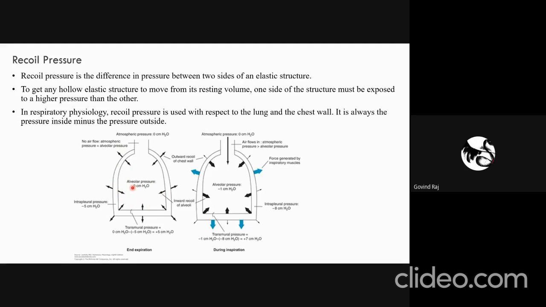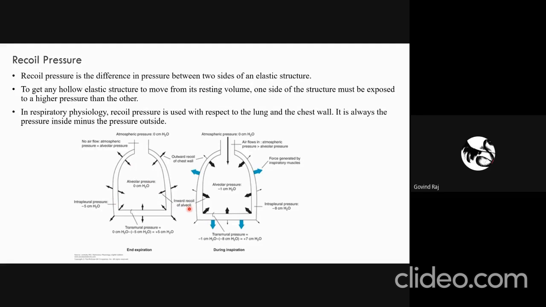We should keep one point fixed: the lungs are very elastic and can retract. If they expand, they retract automatically, just like a rubber band or a balloon. So in order for the lungs to retract, what forces play there? That is given by these arrows. The first arrow shows the inward recoil of the alveoli.